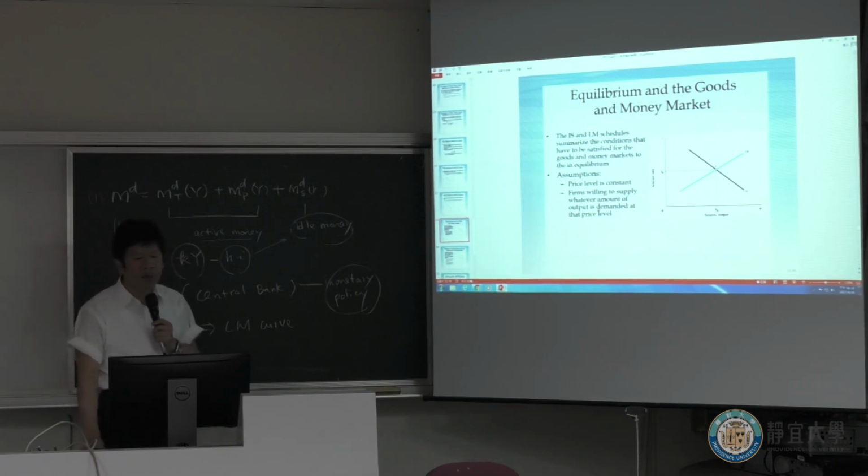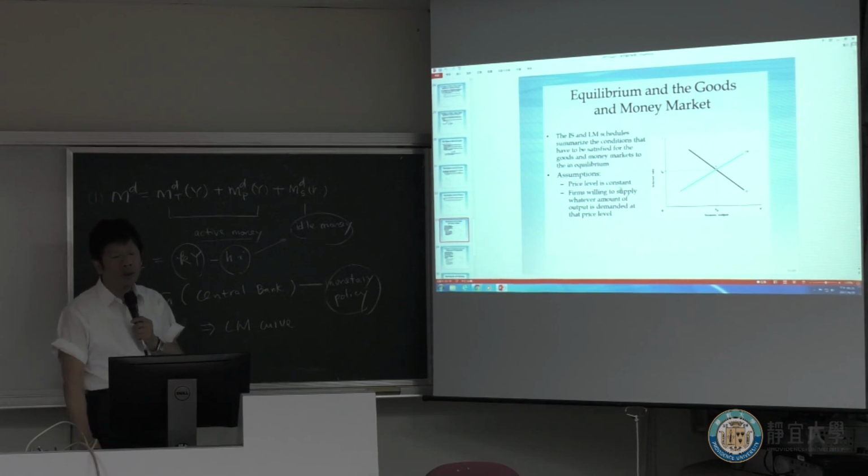We also make some assumptions, for example that the price level is constant. If the price level changes, we will derive the AD curve later. The firm will supply whatever amount of output is demanded at the price level.